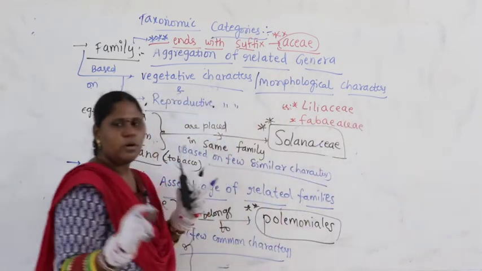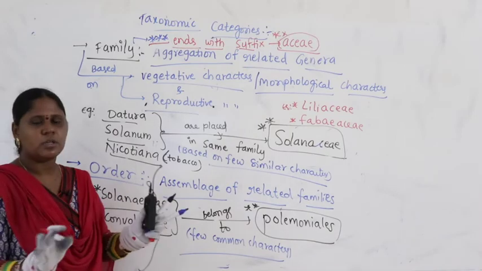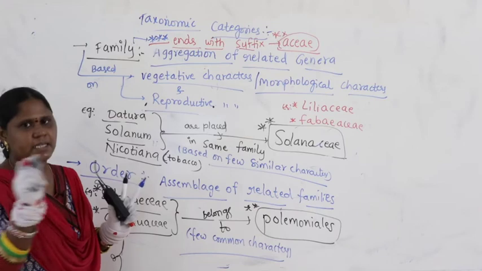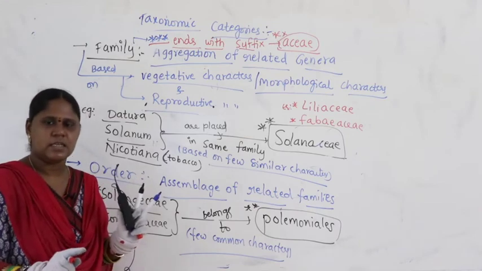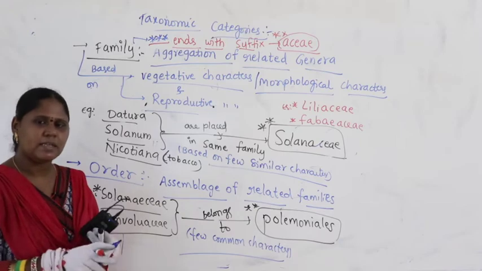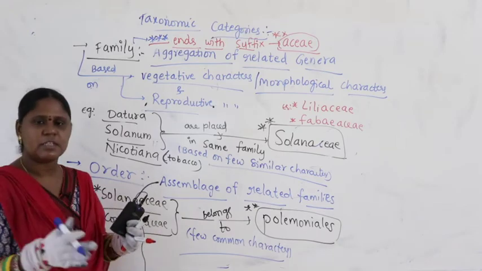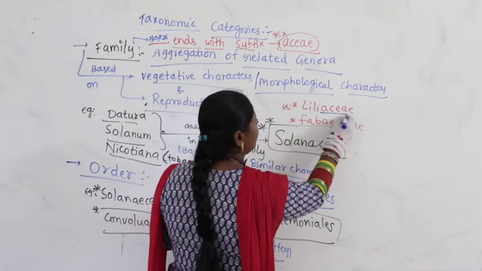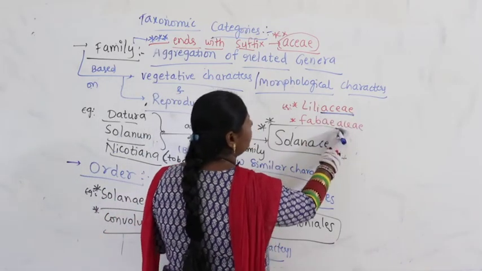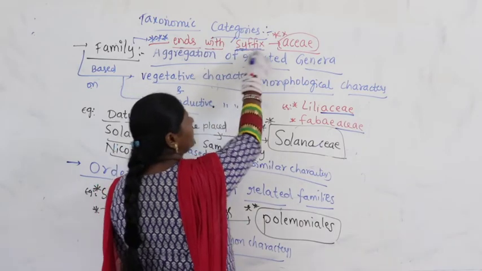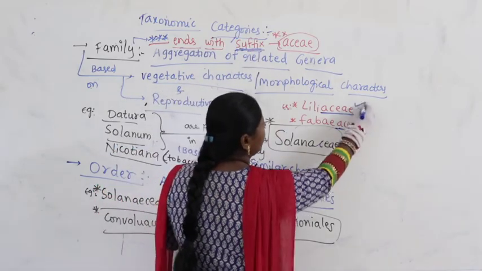So, in the question I don't have to mention family. Simply I say Liliaceae, simply I say Solanaceae. I will not mention in the question that it is a family. So you have to understand that the term is speaking about a family. How do you come to know that? Simply by the end suffix, the end word. Suffix means the end word, ending with the suffix -aceae.